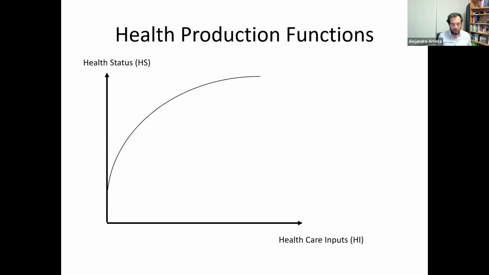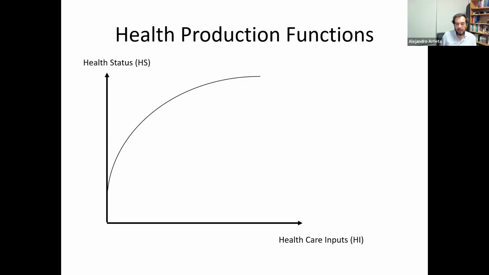And these inputs, of course, range from infrastructure and equipment to staff, nurses, physicians, and other resources in healthcare, medications, labs, etc. All these inputs are used to improve the health of individuals and of a population, and we can describe that as we describe the production function of goods in economics.